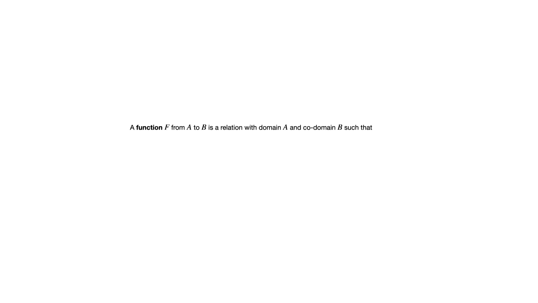Now, a function is a particular type of relation. A function is a relation with a couple other requirements. The first one says that for every element x in the domain, there's an element y in the codomain such that (x, y) is an element of f. What that's really saying is that every element of the domain is part of some ordered pair of that function.